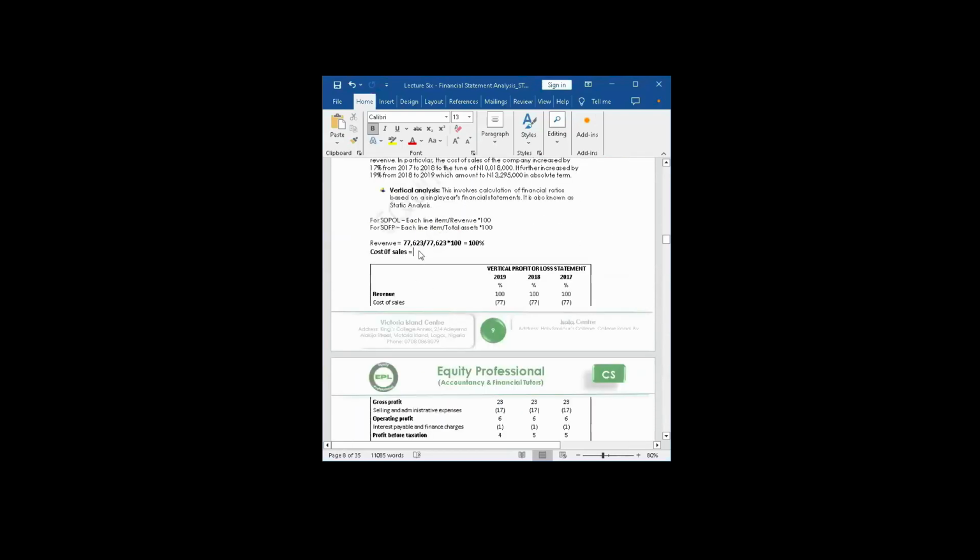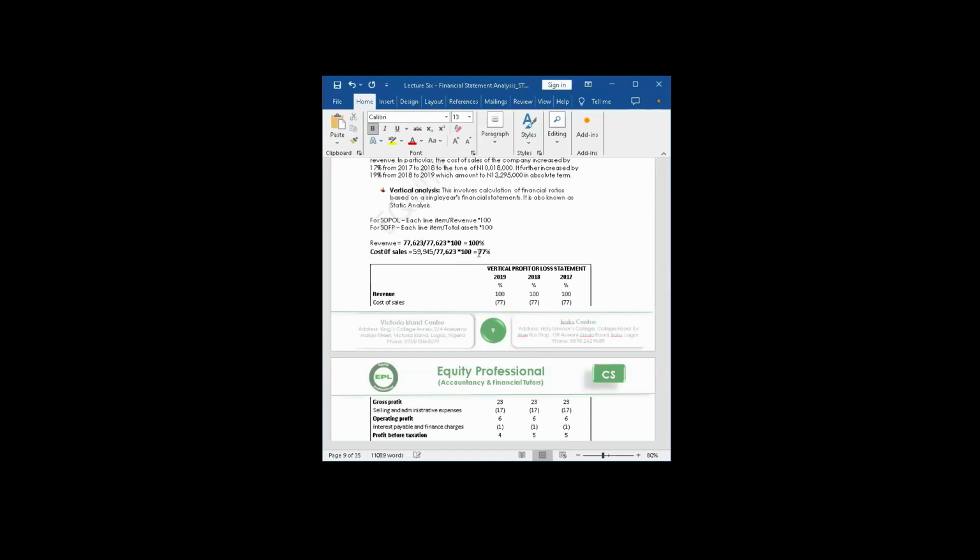So you say cost of sales divided by what? Cost of sales divided by revenue, multiplied by what? 100. That is how we arrive at what?